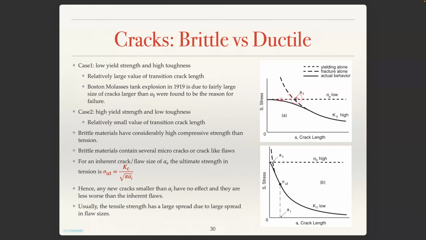That means the transition crack length, which goes from linear elastic fracture mechanics to yielding phenomena, is somewhere here. So you have a transition at a very large crack length, and hence you really don't need to apply the fracture mechanics approach, because usually the crack lengths will be shorter than this transition.